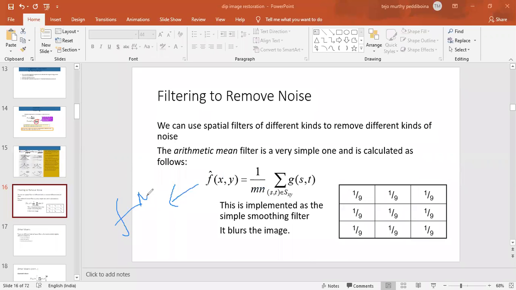F of xy is the original image and f cap of xy is an estimation. Definitely you have to mention this f cap of xy. It is not f of xy, it is f cap of xy. There is a difference and always we try to minimize this error. This is very important. For that, what type of window we have to use, we have to decide depending on our application. Right?